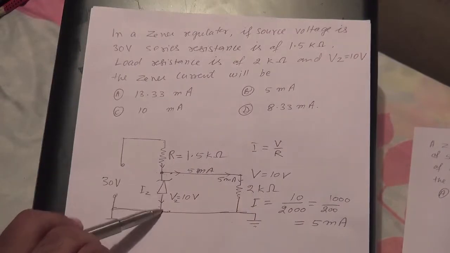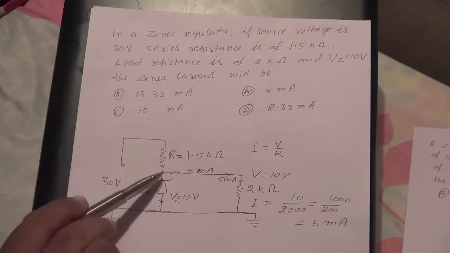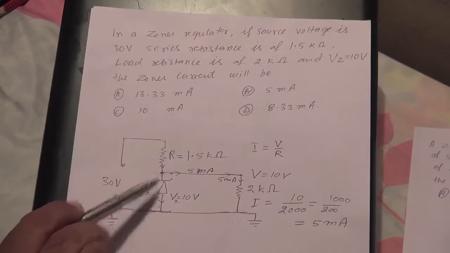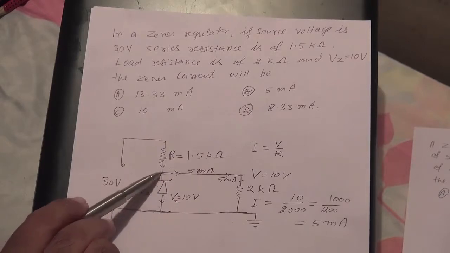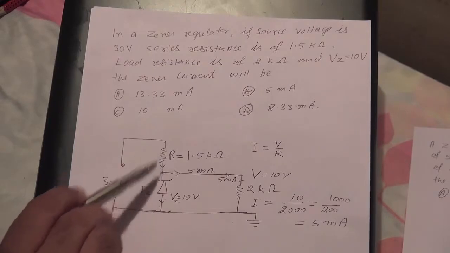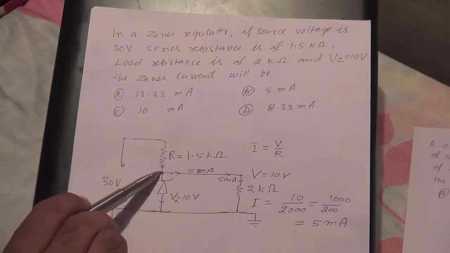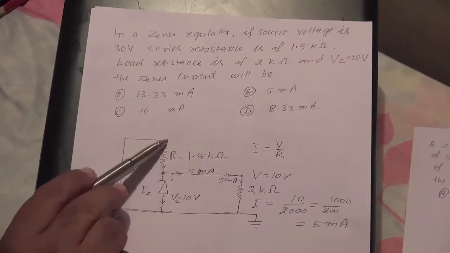Breakdown voltage 10. If this is 10 volt and the applied voltage is 30, out of which 10 is sustained here by Zener, it does not allow it to become less than 10. Then what is the voltage between these 2 points? Answer, 20 volt. It is 30, 10 is here, 20 is here.